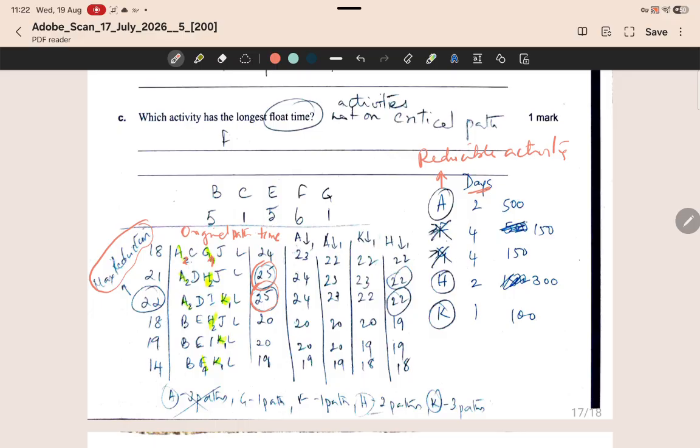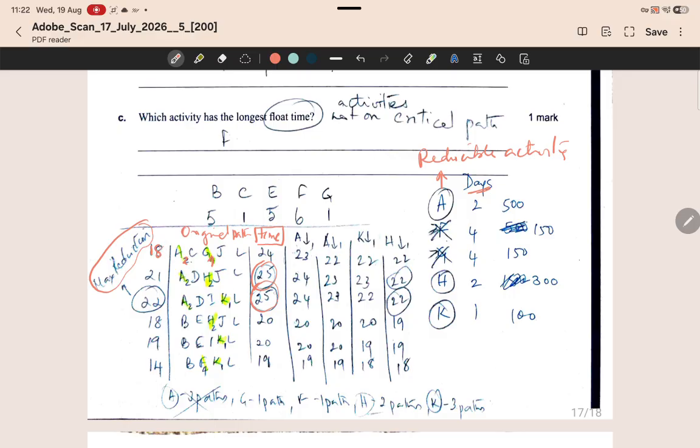G is 4, etc. Now if you add all the number of days that can be reduced from that particular path, A is 2 and G is 4, totally adds up, 2 plus 4 is 6. So if you take away 6 from the original time, which was 24, it will give you 18.